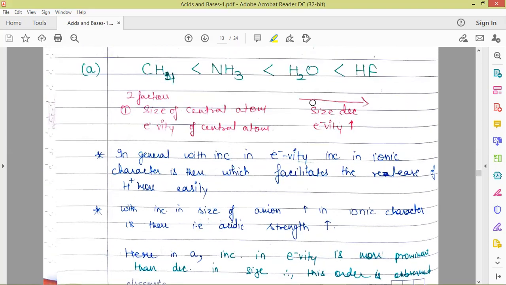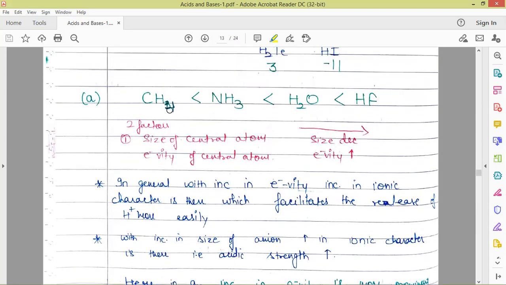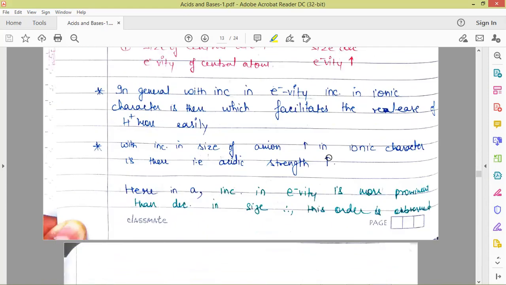So this is the reason behind the increasing acidic strength as we move from carbon to fluorine in the case of hydroacids: the decreasing size is compensated by the increase in electronegativity, and the overall increase in acidic strength depends more on the increase in electronegativity rather than the decrease in size.